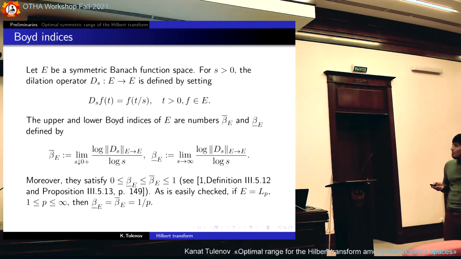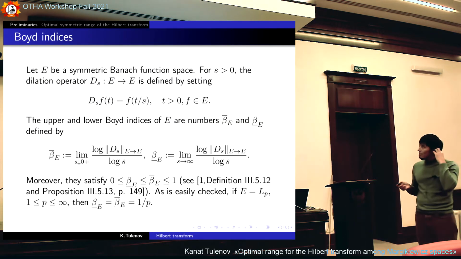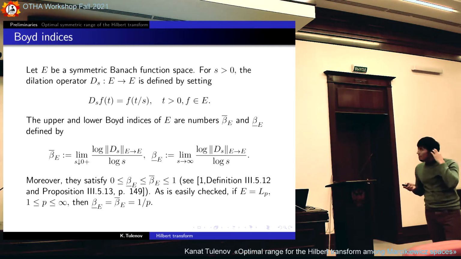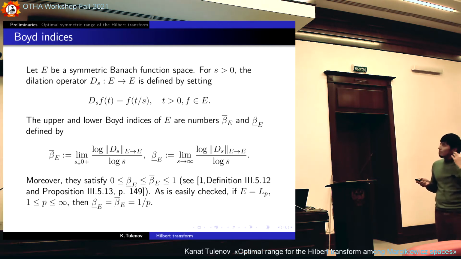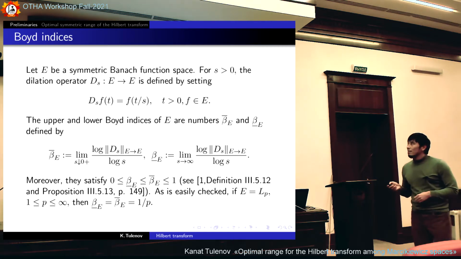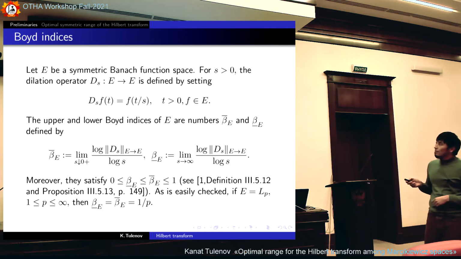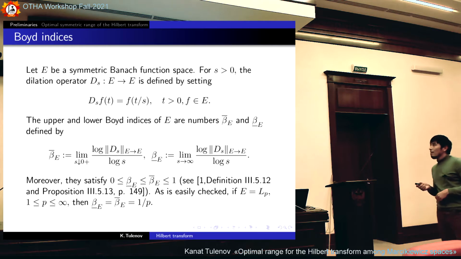So if E is a symmetric Banach function space, then for any s, we define the dilation operator D_s by this formula. Then the upper and the lower Boyd indices of E are the following numbers.